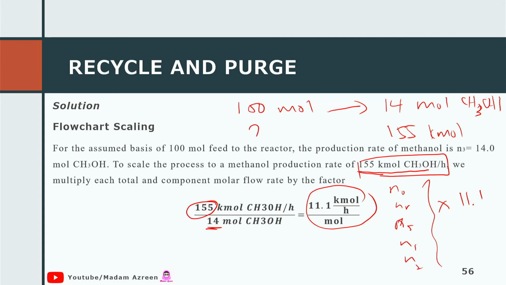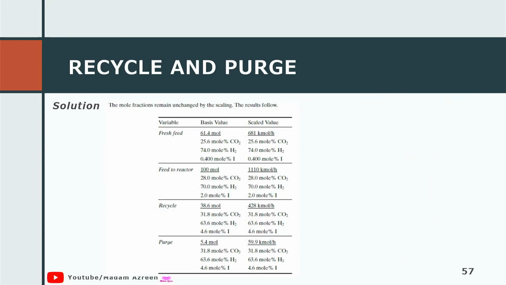So to determine the value here, each of these streams has to be multiplied by this, giving 1.11.1 kilomole per hour.